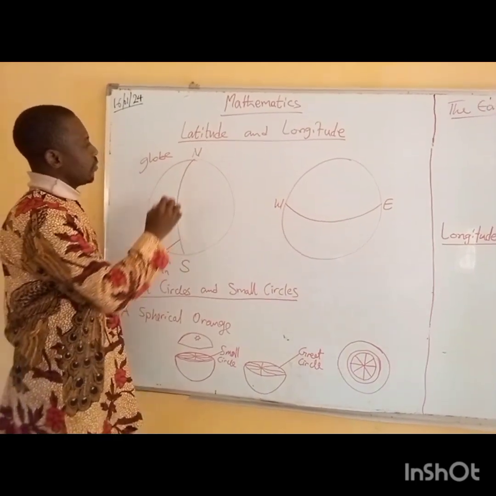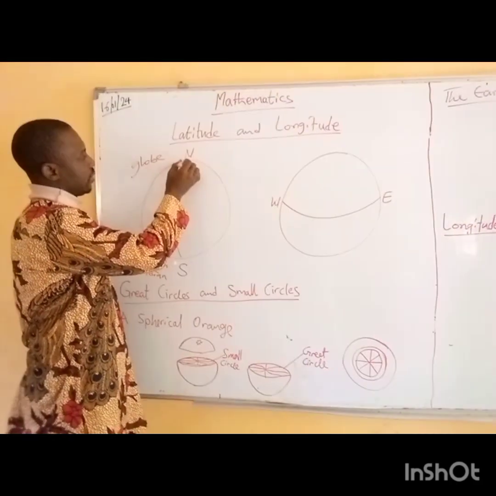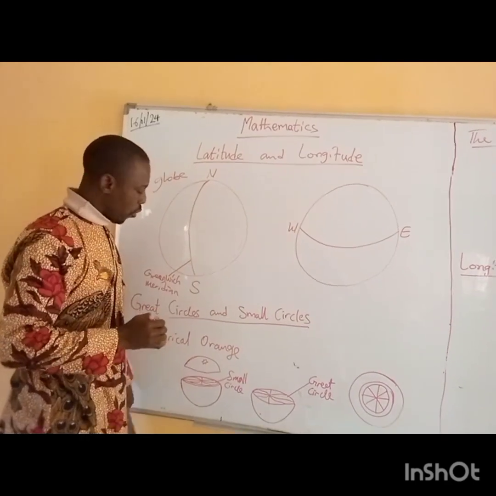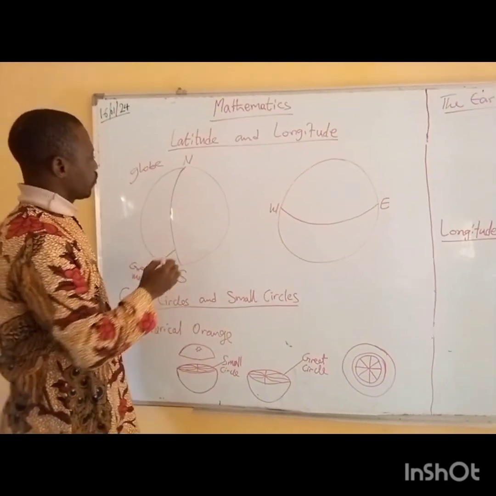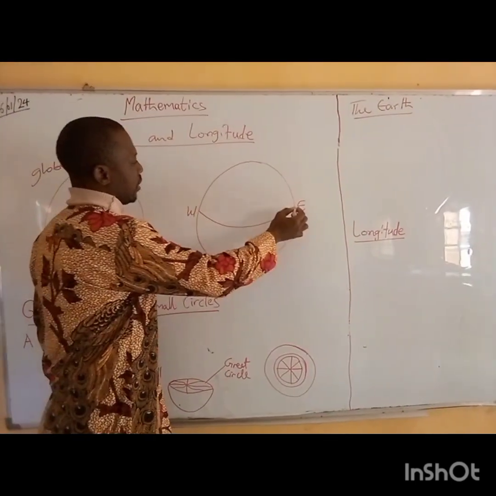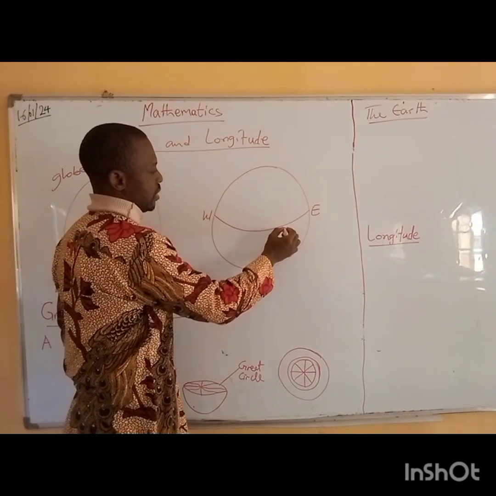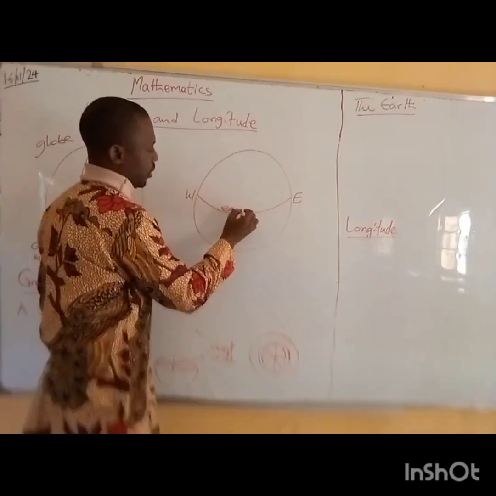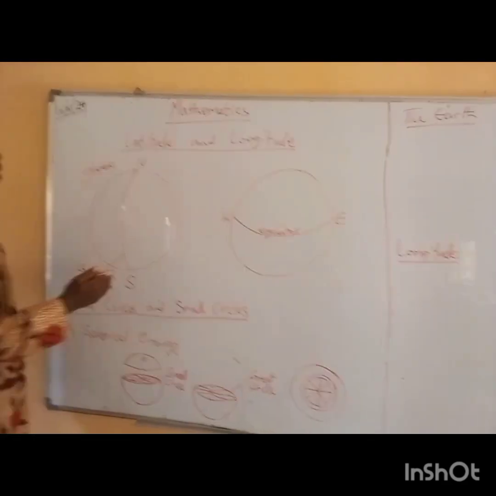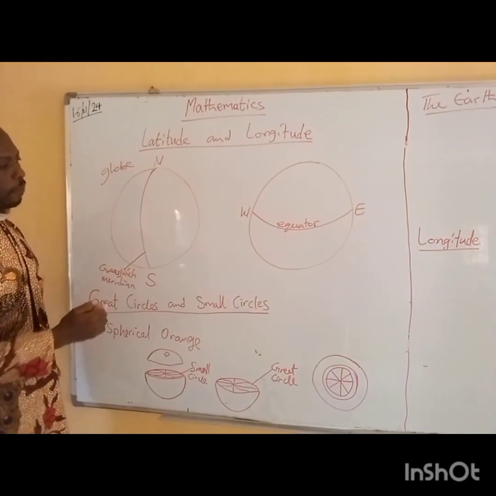So the Greenwich meridian is a line that crosses from the North Pole to the South Pole, and the other line that crosses from the north to the south is the equator. So this is the equator, and the one that crosses from the north to the south is the Greenwich meridian.